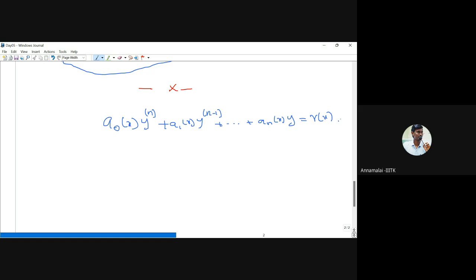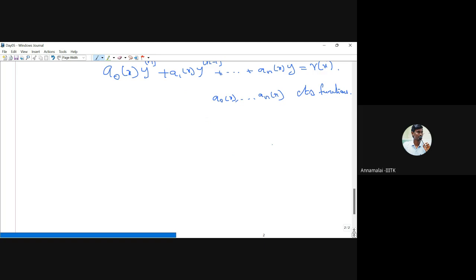This is the general form of an nth order differential equation with variable coefficient, where a naught, a1, etc., an of x are functions of x, continuous functions. Again, a naught of x should be non-zero, otherwise it is not an nth order differential equation.